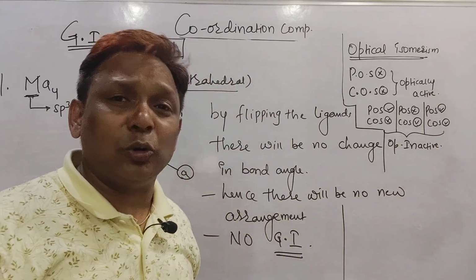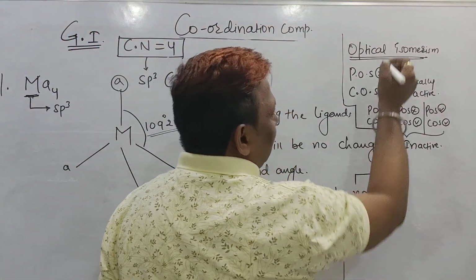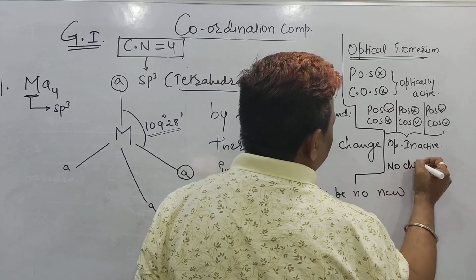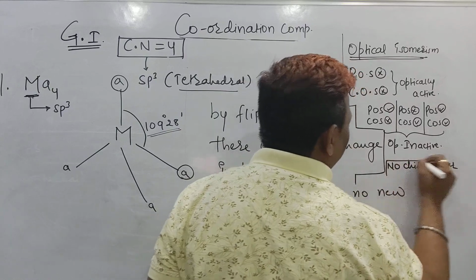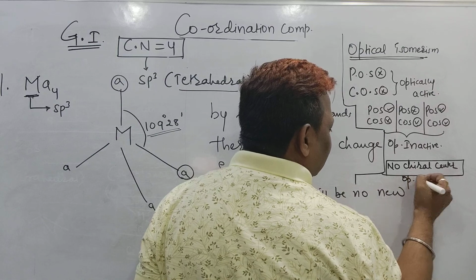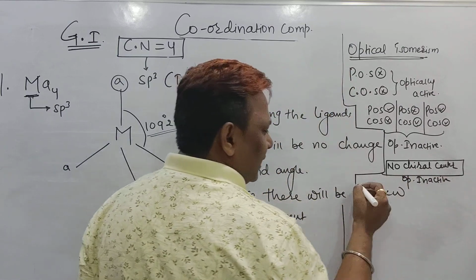Now the question is, sir, how to identify? One more part, beta, I will tell you. For optical isomerism, a compound with no chiral center is optically inactive. Is it clear, beta?